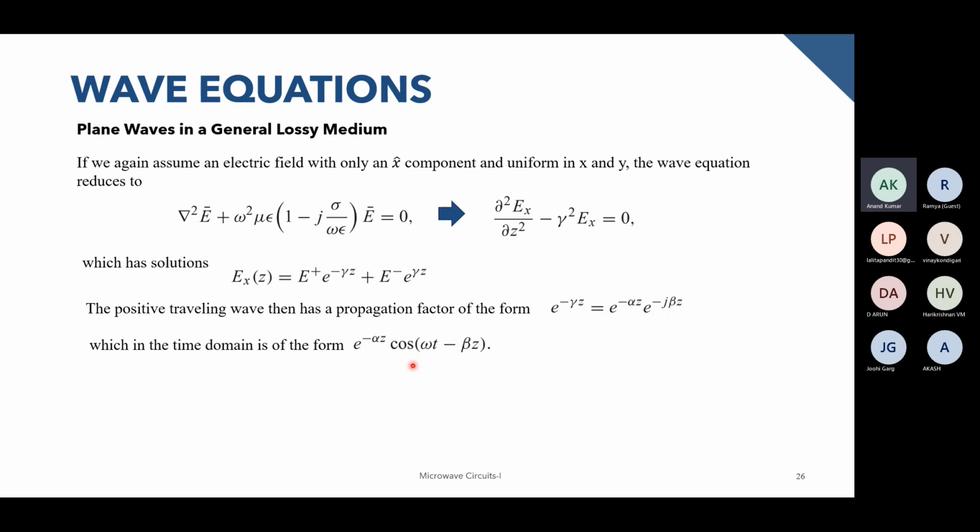Writing this in the time domain will result in something like this. This j beta z can be easily changed to cos omega t minus beta z, using the transformation between Euler and these phase terms. And if you just remove the loss, we end up with gamma equal to jk, alpha becomes 0 and beta becomes k. So this reverts our formulation back to the lossless medium.